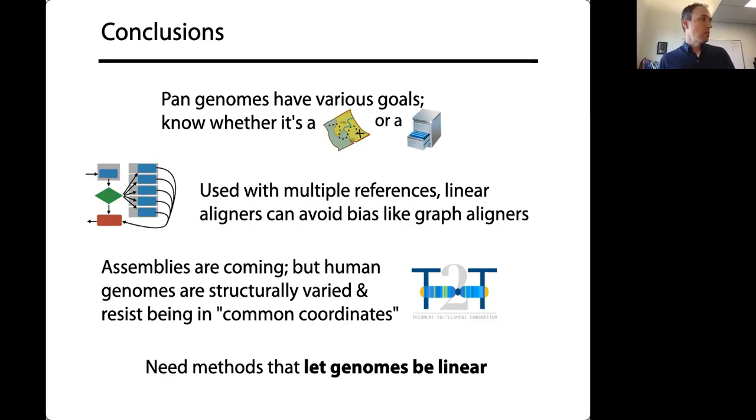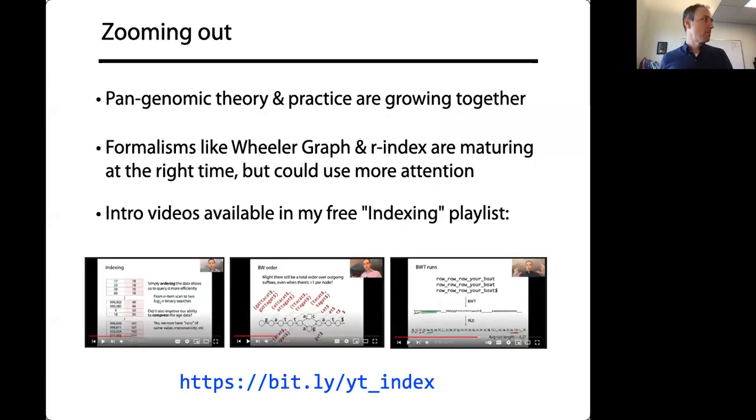And if we want to be able to use them, for example, as a catalog of all the structural variation that's available from long-read assemblies, it's going to be difficult to put them into common coordinate systems together first, right? To find the multiple alignment that relates them inclusive of all their structural variation, right? So approaches that let linear genomes be linear, let these various assemblies be linear, are a good set of tools to have in our toolbox going forward.